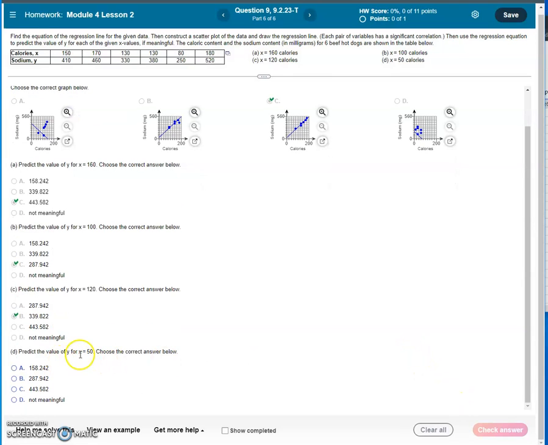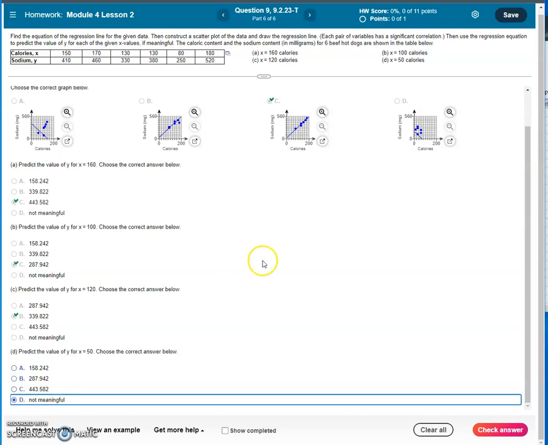Now this one says predict the y value for x equal 50. If we have 50 calories, that falls outside the range of my data. So I cannot make a valid prediction with that, and that's when I pick not meaningful.